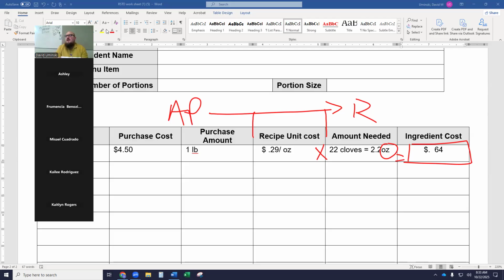Do any of y'all have touchscreen computers or laptops?